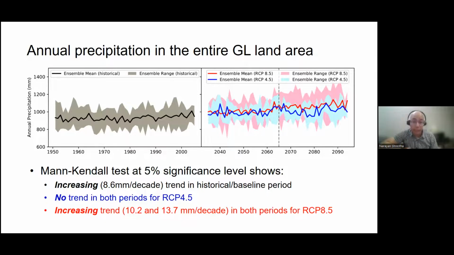But for RCP 8.5, there is still an increasing trend, even higher than what we observed in the baseline period: 10.2 and 13.7 millimeters per decade in the mid-century and end-of-century periods of RCP 8.5.